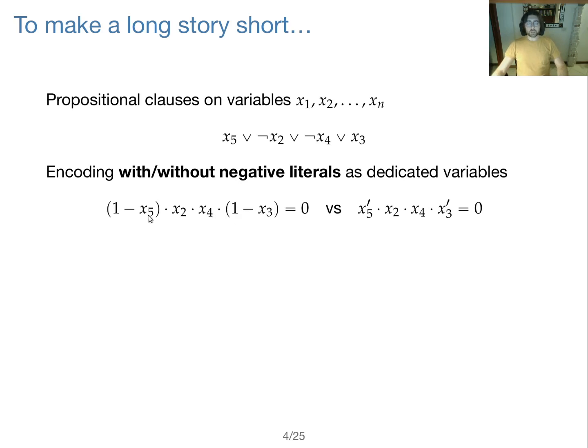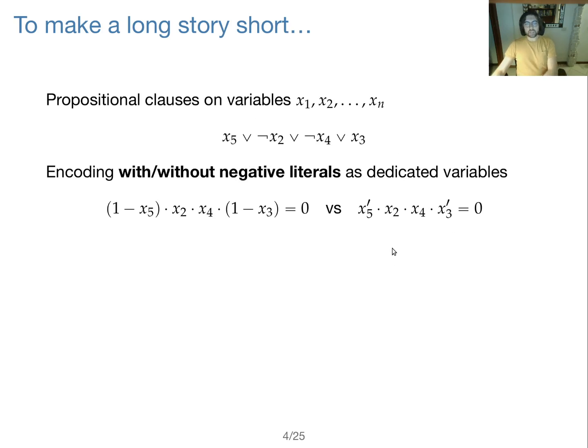If we don't use these dedicated variables, then, for example, this clause requires a polynomial with 4 monomials, while if we use this variable for negative literals, this clause can be encoded as a single monomial.